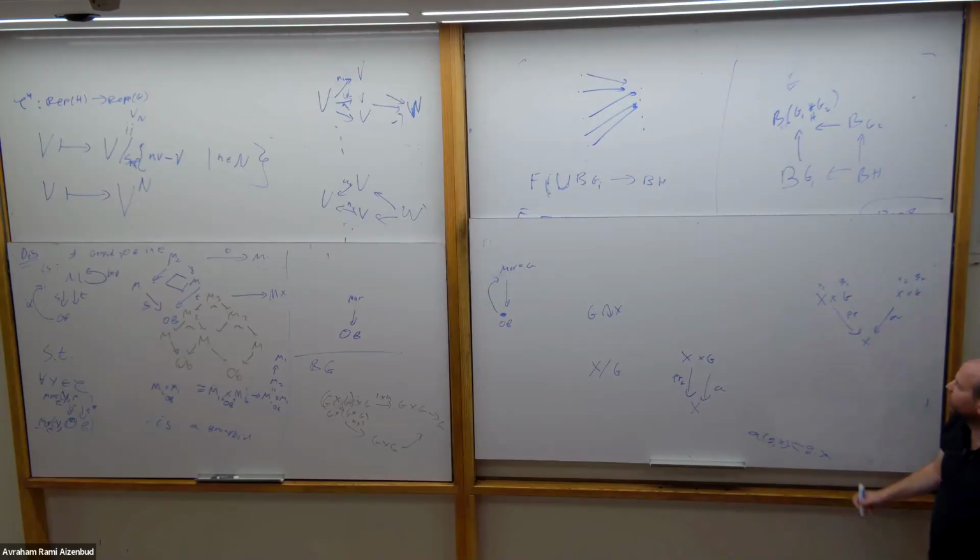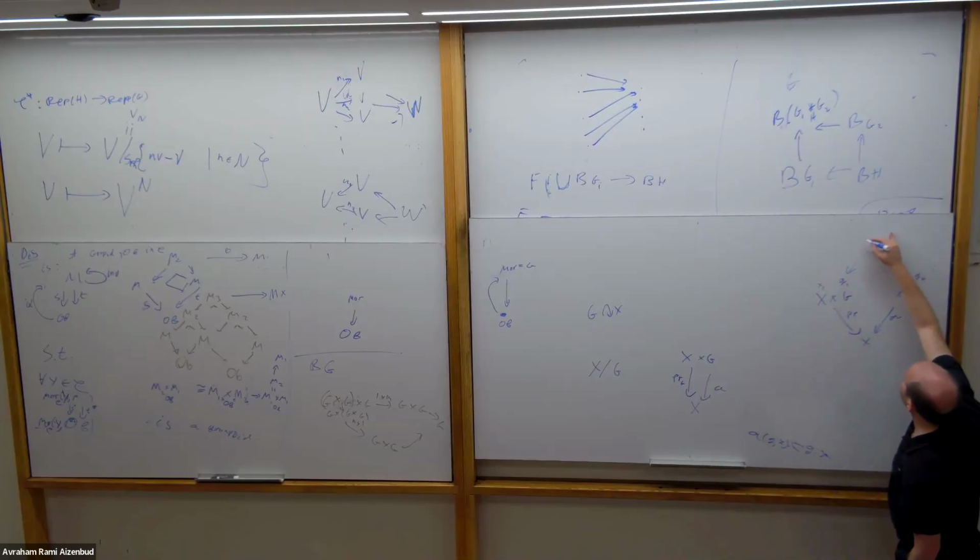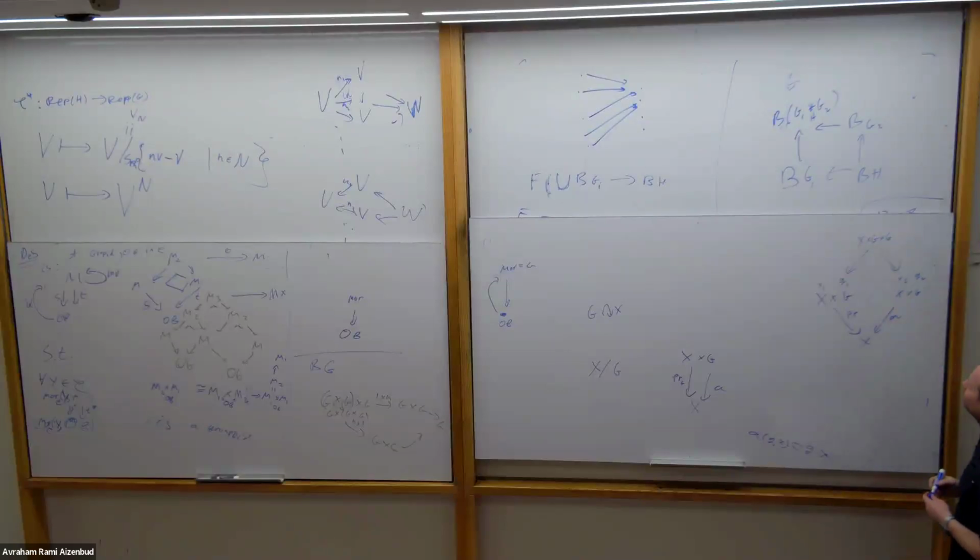So x1 becomes obsolete, and the product is canonically isomorphic to this. So x2, g1, g2. And what are these two maps?